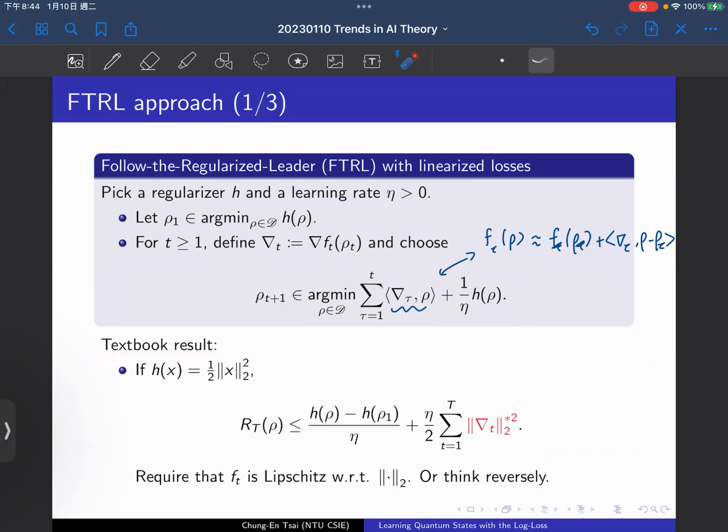So if we take the regularizer to be the two norm, I write this as the classical case. For the quantum case, it should be something like the two norm in the classical case, called the Schatten two norm, or let me write this as the trace of rho square.